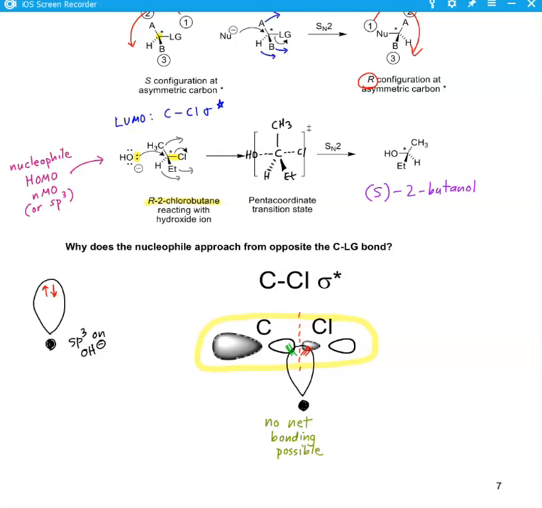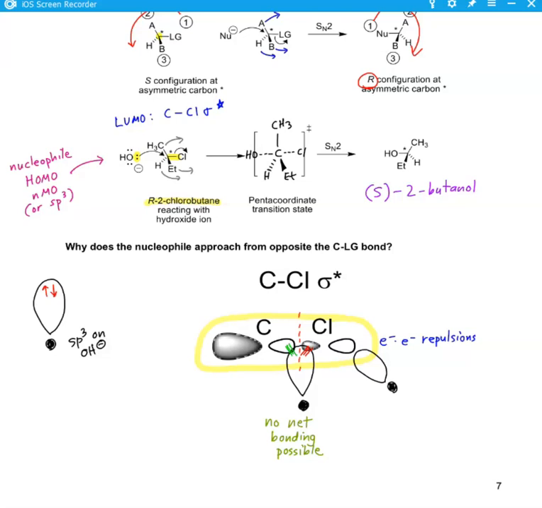It could also approach on the other side over here, where the chlorine is. The problem with that approach primarily has to do with electron-electron repulsions. So remember, the hydroxide ion has 3 lone pairs, and so does that chlorine atom. And so the electron-electron repulsions are not going to be a favorable way to get the hydroxide ion to react with this species.